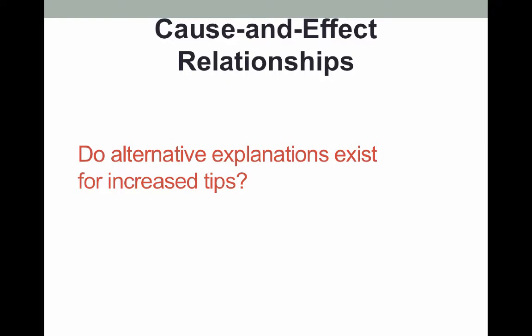Perhaps a newspaper article was published that urged people to be more generous because of the lower rate of pay of waitstaff. Perhaps the waiter was not only more friendly, but also more efficient, and it was the efficiency that caused the increase in tips. The possibilities are endless unless the experiment is planned in advance to specifically eliminate them.